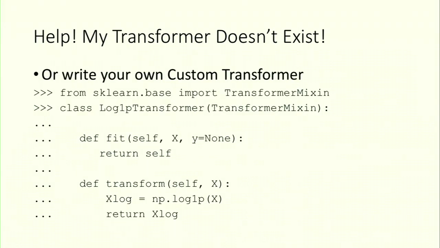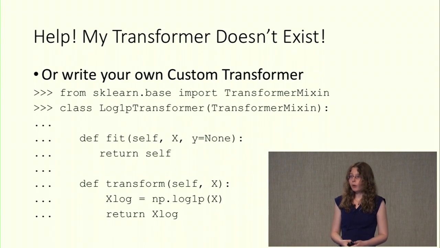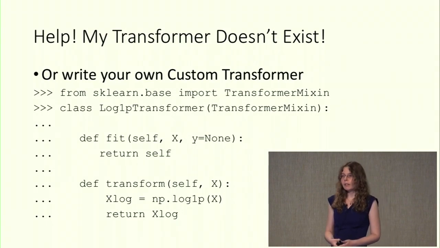Or you can write your own custom transformer. This is a very simple example. Obviously, we just did it with a function transformer. You don't need to, but just to start out. We'll create a class called log1p transformer, and it will inherit from the transformer mixin.